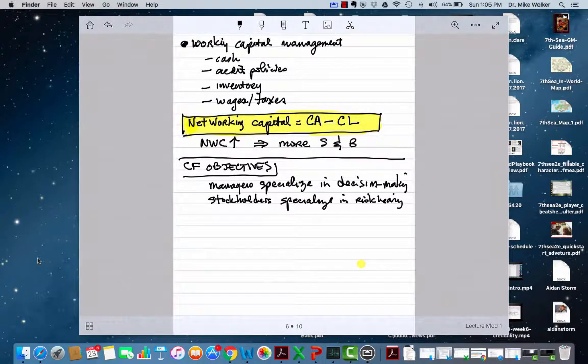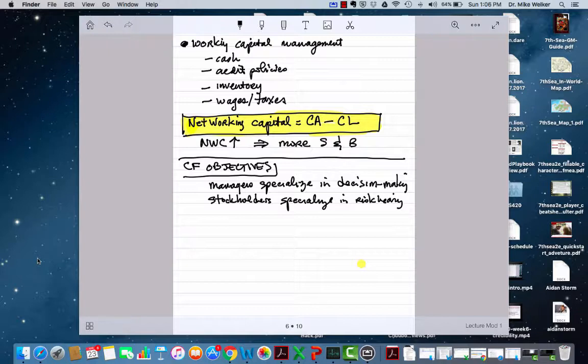So back in the corporate finance objectives issues here, principal-agent issues arise, right? The shareholders own the firm. Without their equity capital, the firm could not exist. You really cannot borrow money without an equity base. So the managers have to work for the stockholders. Stockholders elect a board of directors.